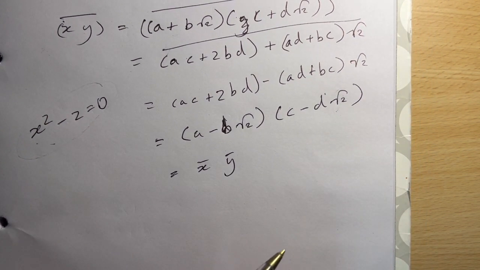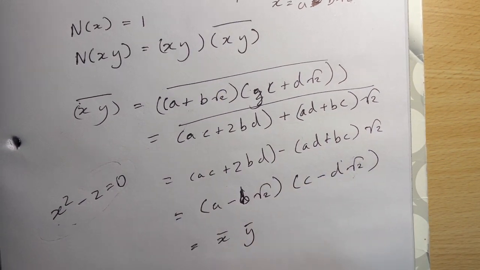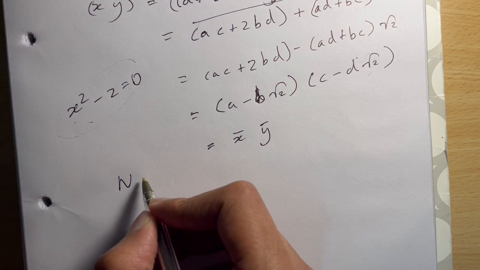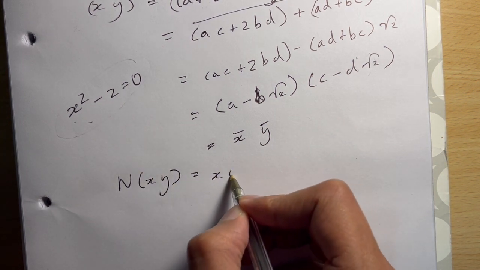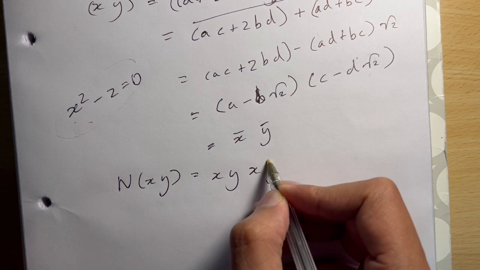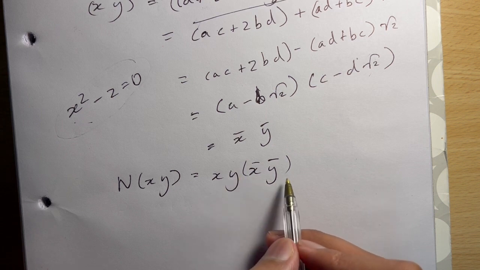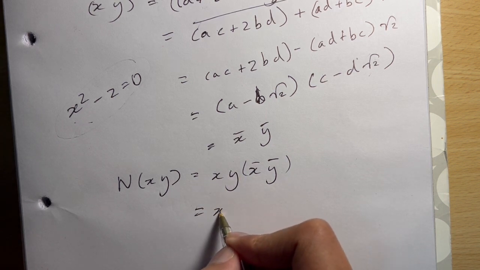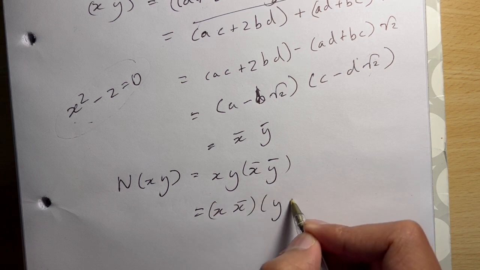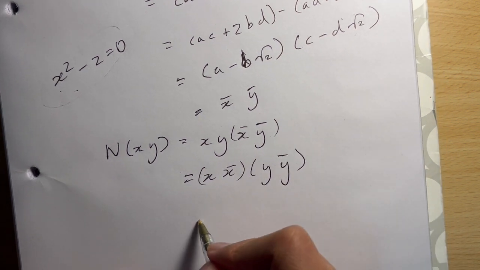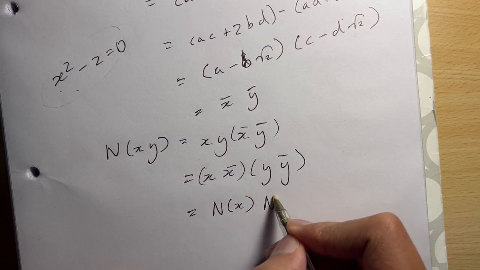Okay, okie dokie. But anyway, now what we can do is we can plug that in. N of xy is xy times the bar of xy, like that, in maybe brackets. And what we can do is we can shuffle the terms around. And we get x bar, y bar, and we have that N(xy) is N(x) times N(y).